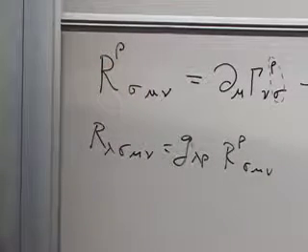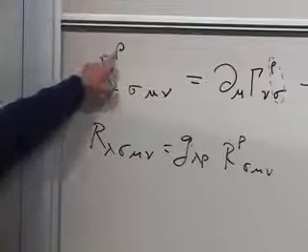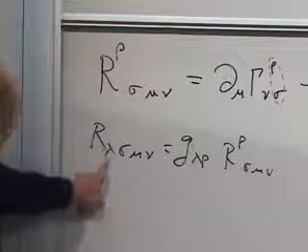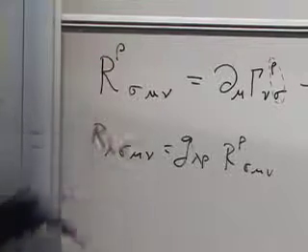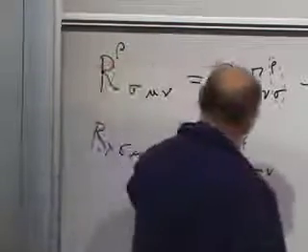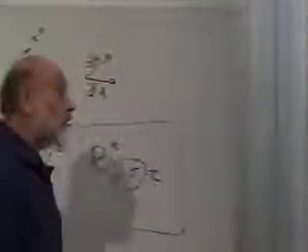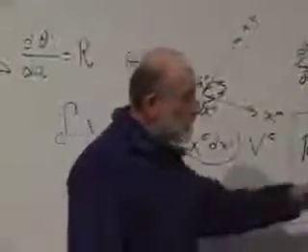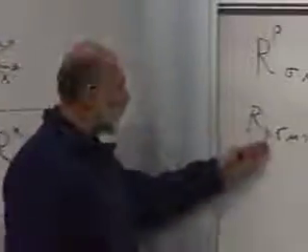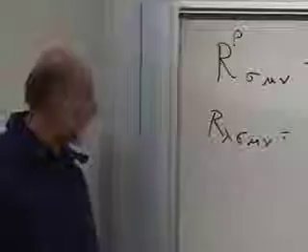You can lower and raise indices using the metric, so there's nothing special about one index being raised here. I can lower them all down so that they're all lower indices. It's still called the Riemann tensor, the Riemann tensor with all covariant indices. It's in this form that the symmetries of this object are simplest.